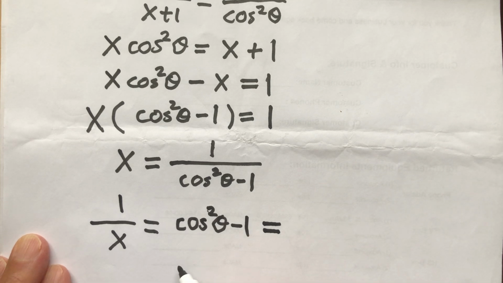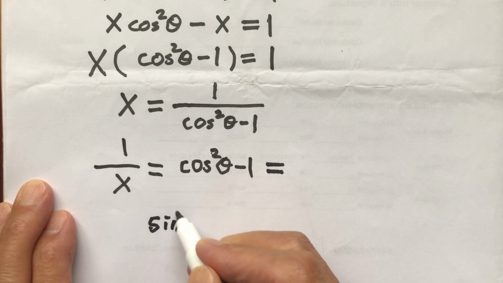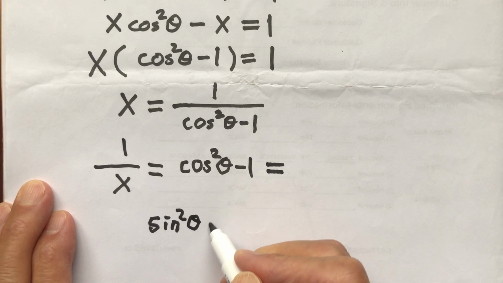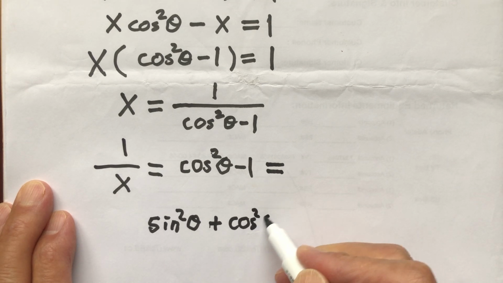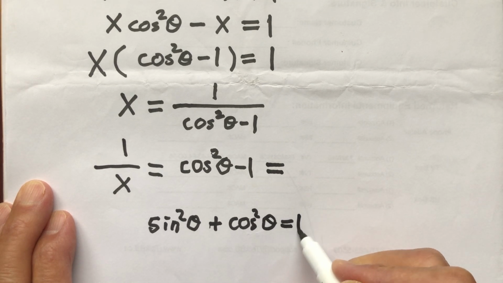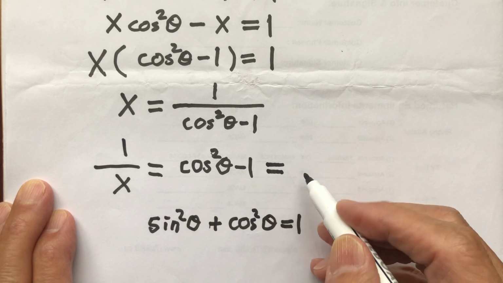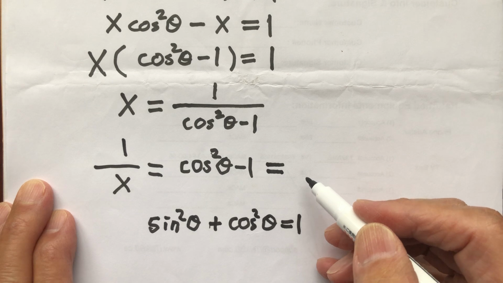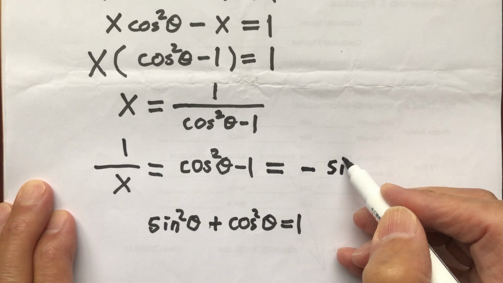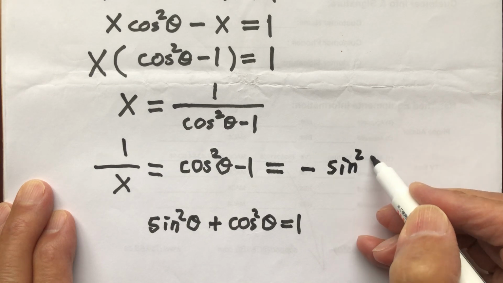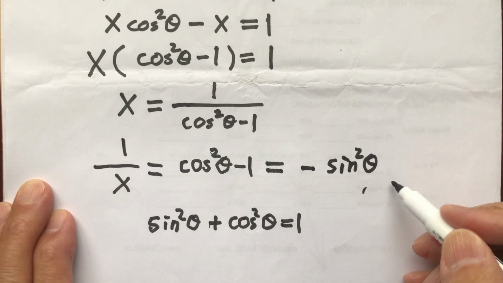Because of the identity, sine square plus cosine square is equal to 1. This is the identity, therefore this is equal to negative sine square theta. And this is my answer.